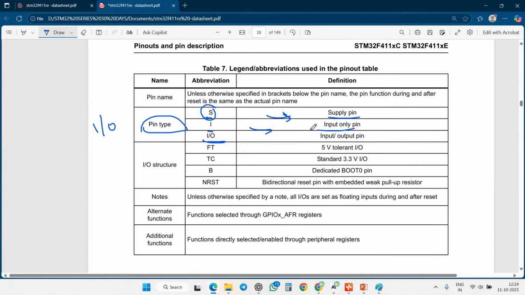We don't know what I is. It is an input only pin. I/O is called an input output pin. Whenever they mention FT, it is called a 5 volt tolerant pin. If they mention TC, it is a standard 3.3 volt pin. B means it is a bootloader pin. So that's how we recognize the abbreviations of each and every pin.